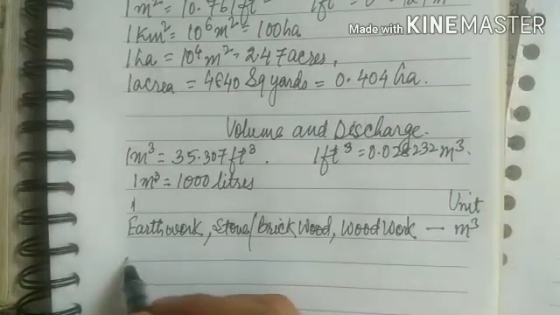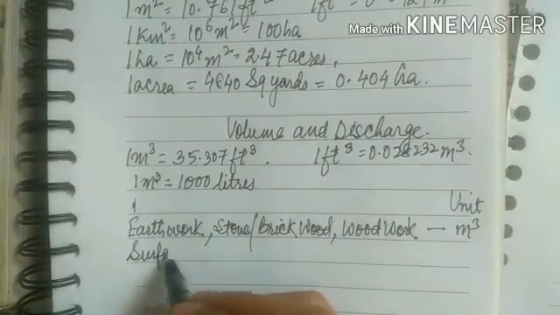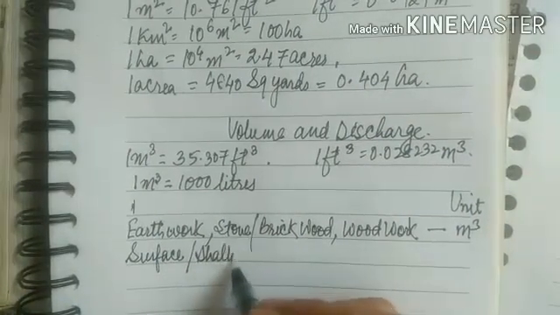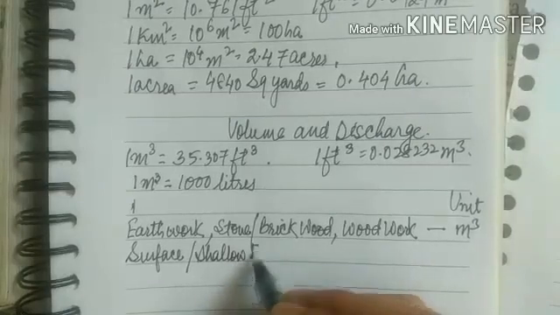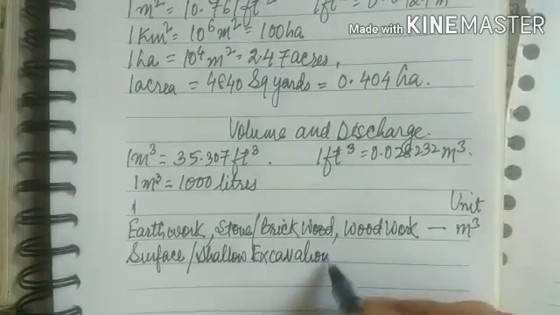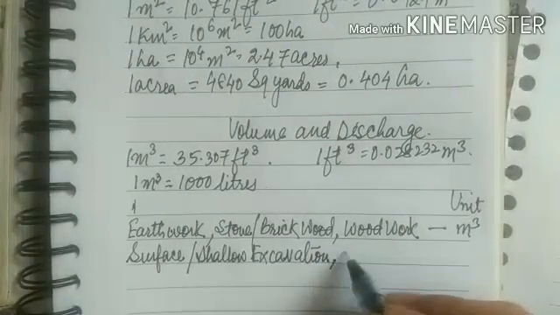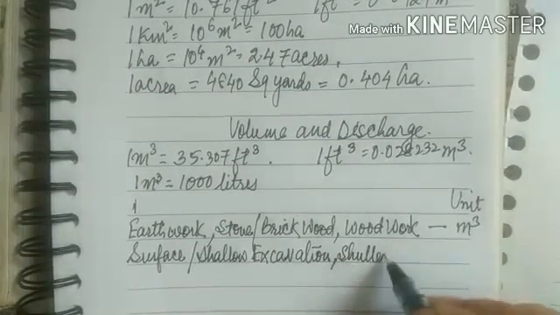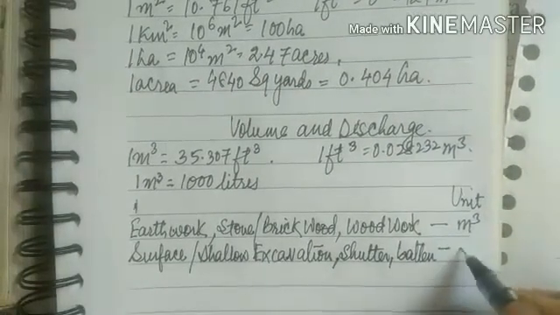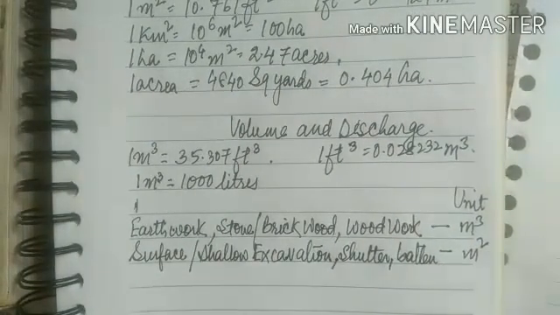Then there is surface excavation or shallow excavation, that is calculated in meter squares, and shutters or battens are also put in meter squares. There is a length and there is a breadth, and the thickness is predefined or specified.